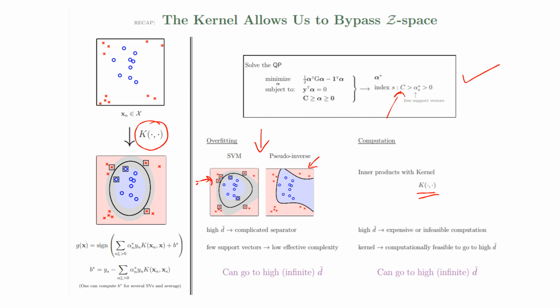So fewer effective support vectors lead to lower complexity, and this suggests we can work in large dimensions without losing control of E out, which was one of our concerns when we were moving to higher dimensional space, right? So using some appropriate kernel, we can save on computational costs. Computation becomes easier, and we are able to work in higher dimensions once we started to work with the dual version of the problem.